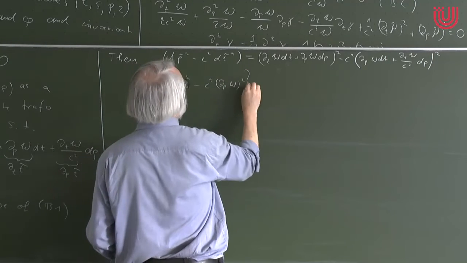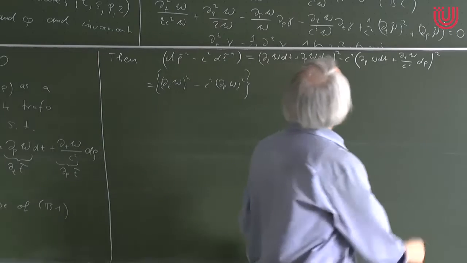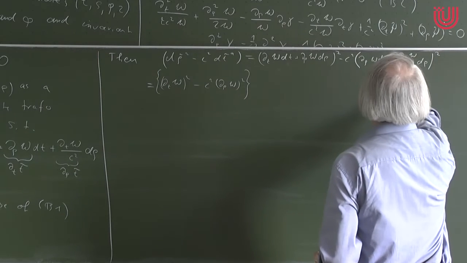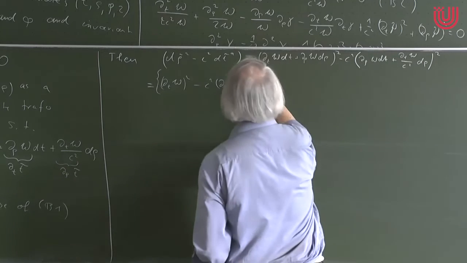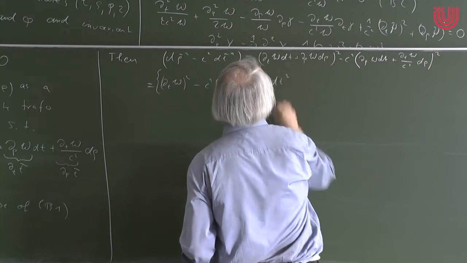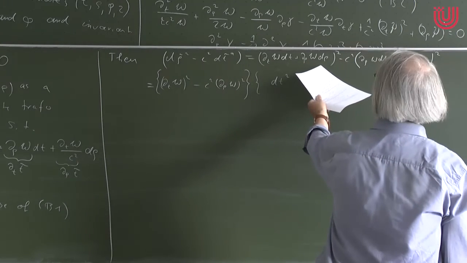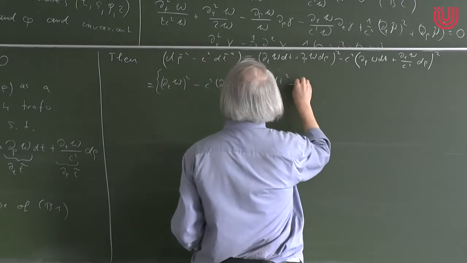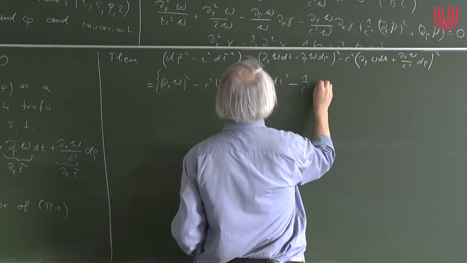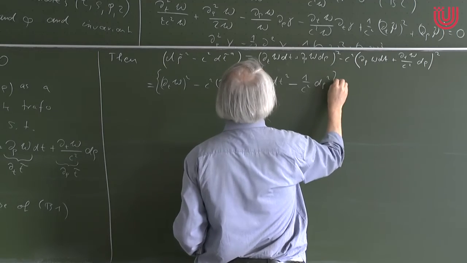So this comes in front of the dt squared. And what comes in front of the d rho squared? The same thing, but divided by c squared, right? Minus 1 over c squared.